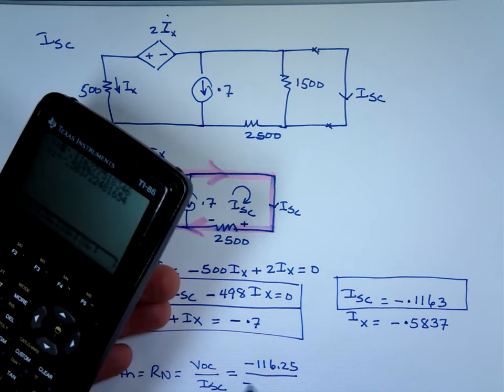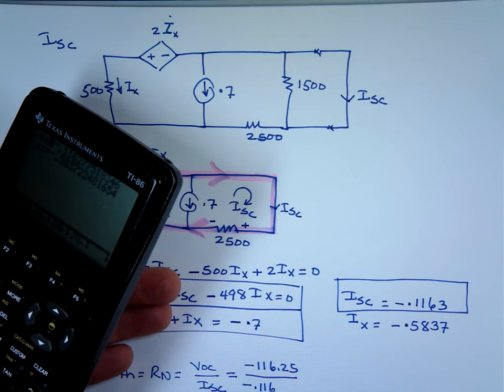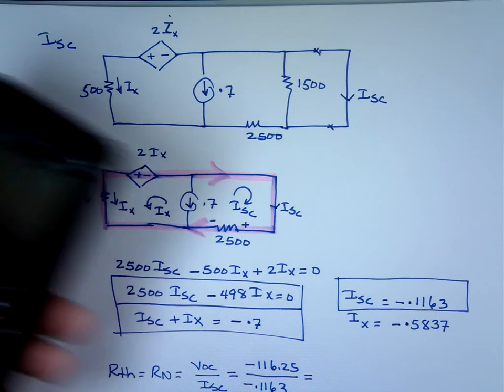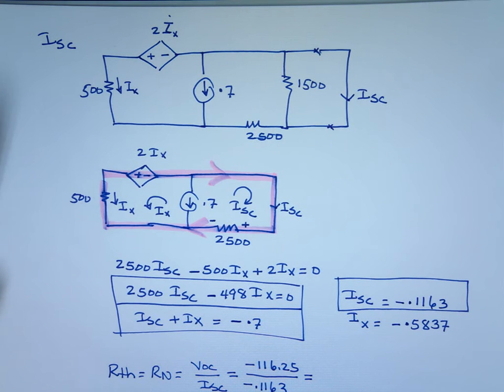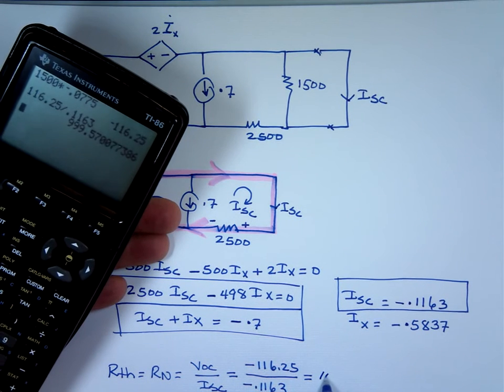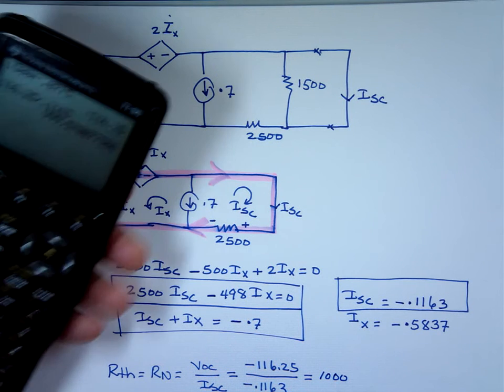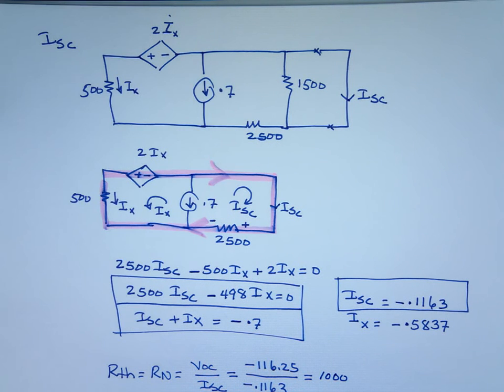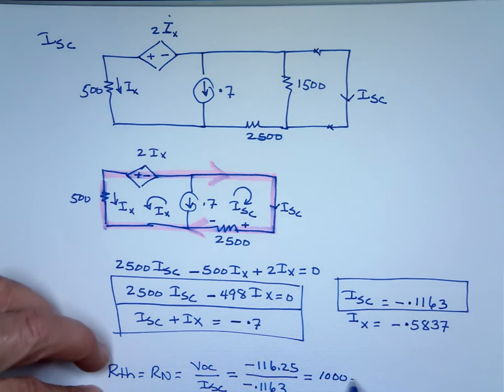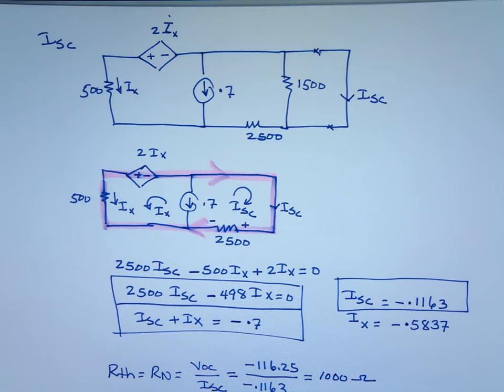Negative 0.1163. 116.25 divided by 0.1163, that was off by 3 decimal points, so I must have just... 999.6. Is that 1,000 roughly? Yeah, about that. I got 999.6. So that's 1,000 ohm. Alright, so that's your R.